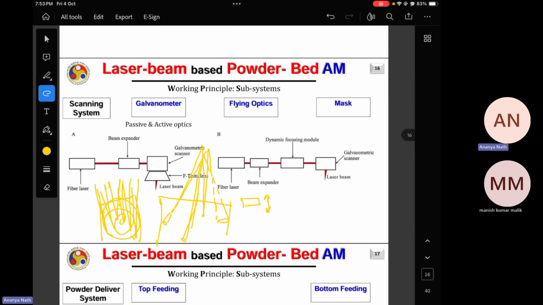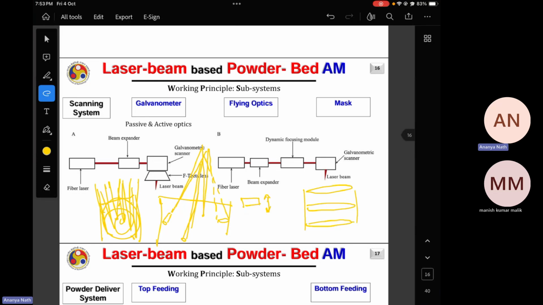So then, where is it? Flying optics. So in flying optics, what happens is there can be multiple lenses over here. This is one lens, this is another lens, this is another lens. Okay.